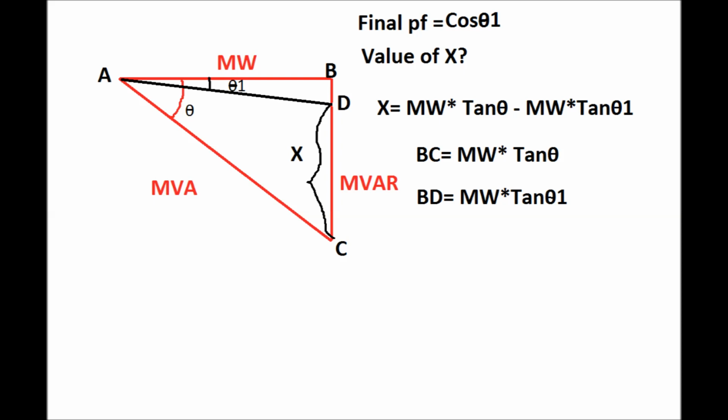So the value of X, that is DC, is equal to BC minus BD. Now BC is equal to megawatt into tan theta and BD is equal to megawatt into tan theta 1. So X equals MW into tan theta minus MW into tan theta 1.